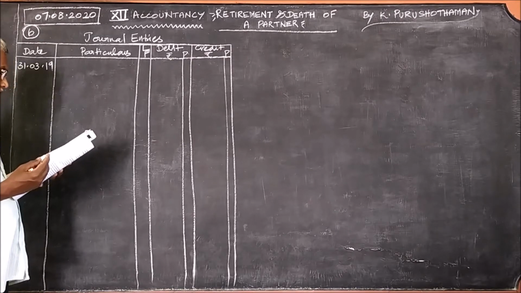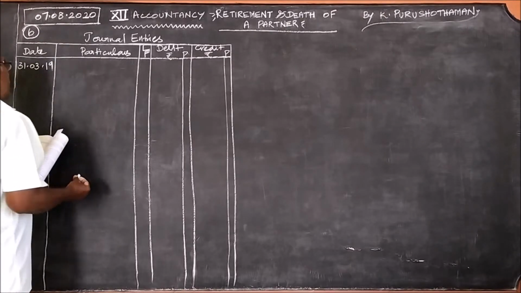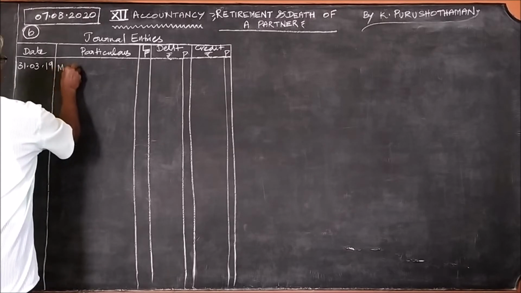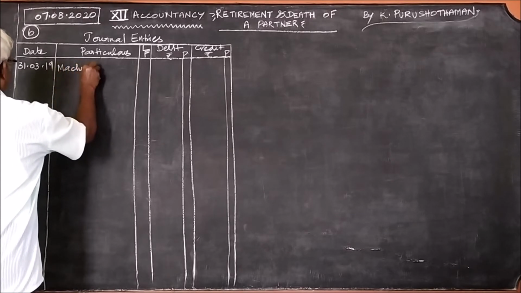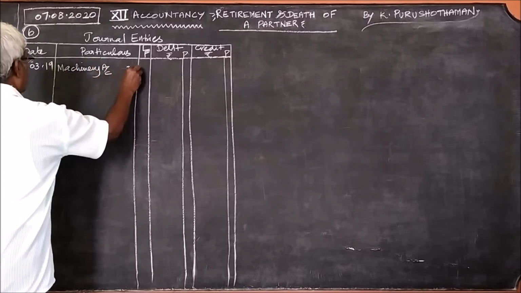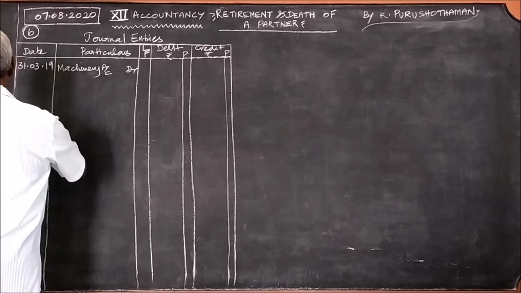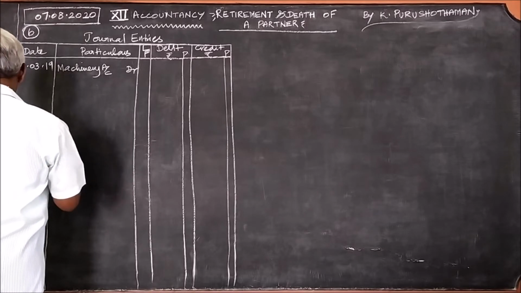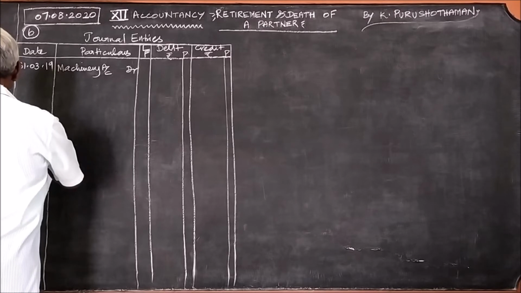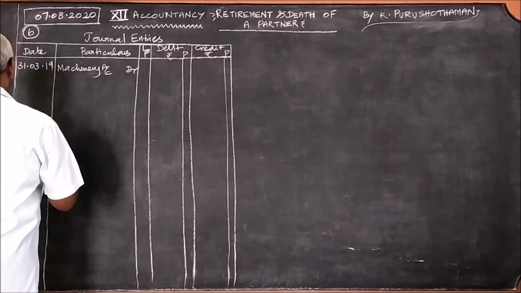Now it is valued at 1,50,000. Therefore it is a profit item. So machinery account debtor. Since it is a profit item, we are writing this as machinery account debtor.